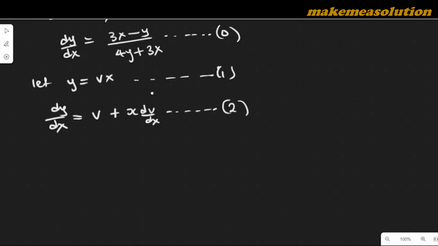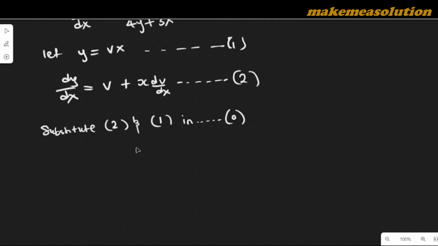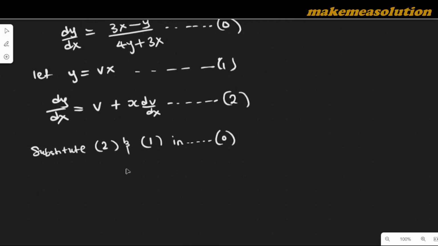Are we together? So as usual, substitute 2 and 1 in 0. When you're substituting 2 and 1 in 0, remember the rule, dy/dx becomes v plus x dv/dx.